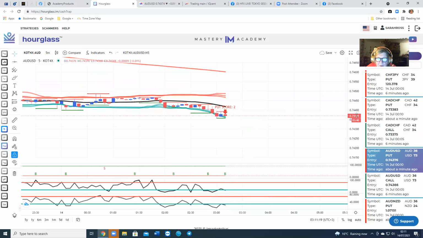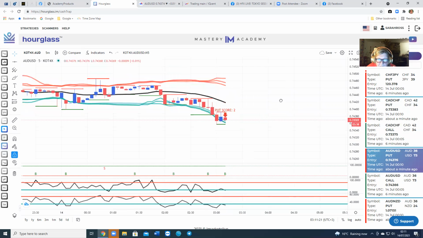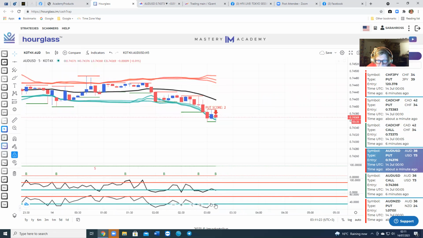Where's our 200? There's our 200 moving average. But you can see at the moment it's right down in that oversold area. There is our line of support, 384. So that might turn into our resistance level for us. And it's just drawn a new line, 357 of support.